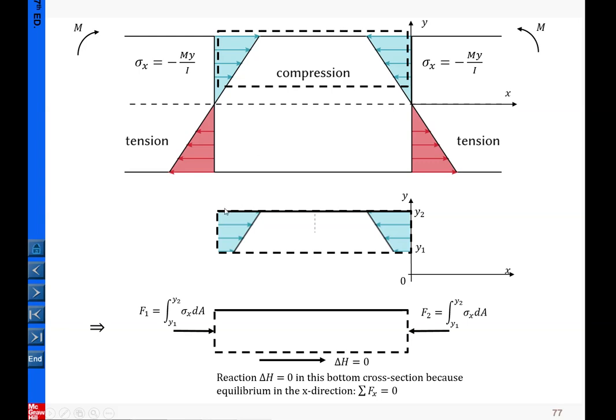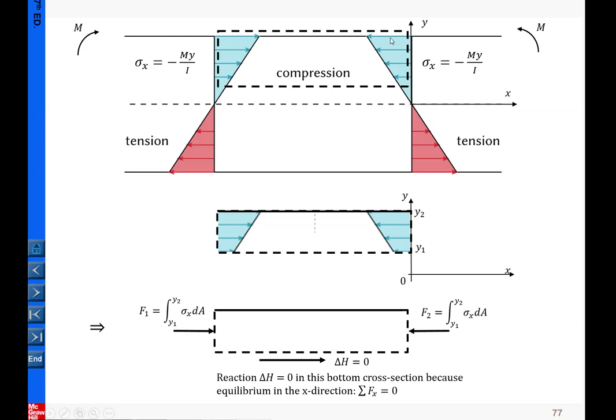The top edge is a free surface, and here we only have three sections, this and the bottom one that has been selected for this free body diagram. So now we look into the distribution of reaction in the cross sections that we picked. On this side, this is a cross section.